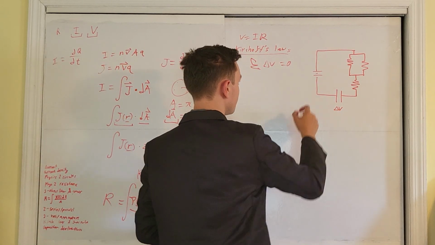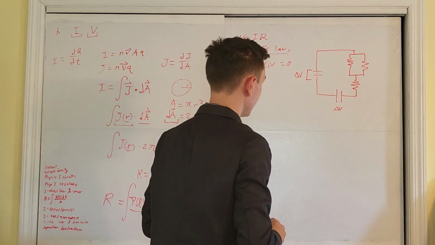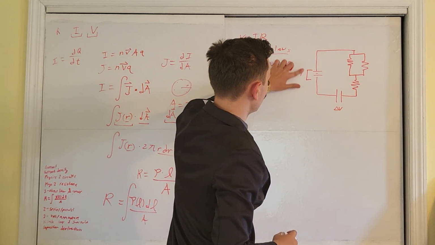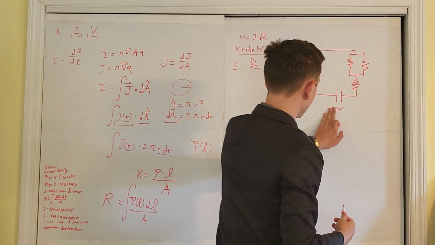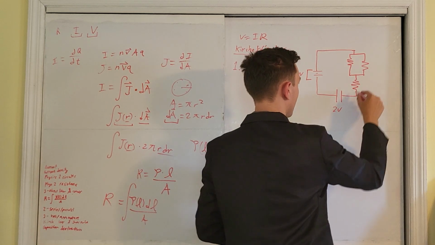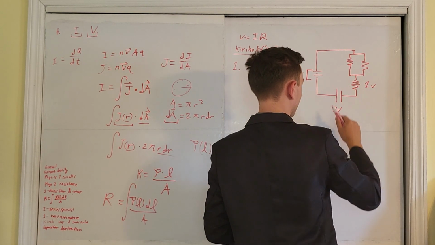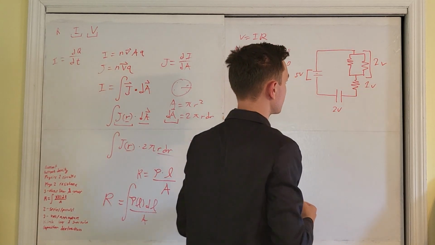But there is also a potential difference across the battery. Okay, so if the potential difference across the battery is 5 volts, then let's say I would have a 2 volt potential drop across the capacitor, 1 volt potential drop across this resistor, and a 2 volt potential drop across this collection of resistors.